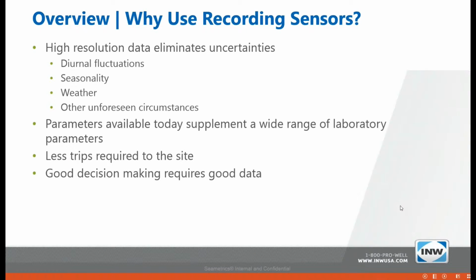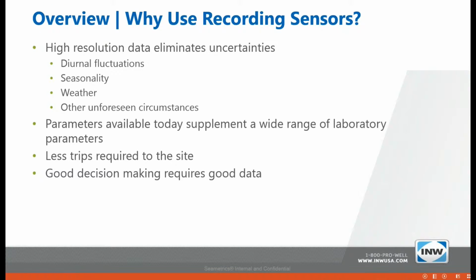A lot of people ask why you would want to use a recording sensor over an analog sensor. The recording sensors tend to have a higher resolution and eliminate some of the uncertainties, because you only have one device. You're not necessarily looking at your resolution between several different devices. They detect more of the diurnal fluctuations, seasonality, weather, and other unforeseen circumstances.